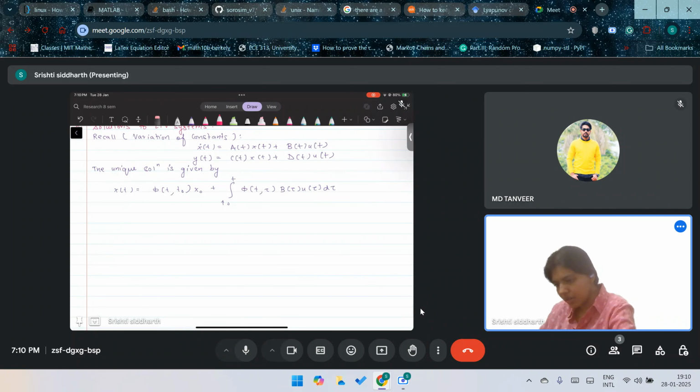Observe that in the case of LTI systems, phi(t, tau) is simply e to the power A(t minus tau).